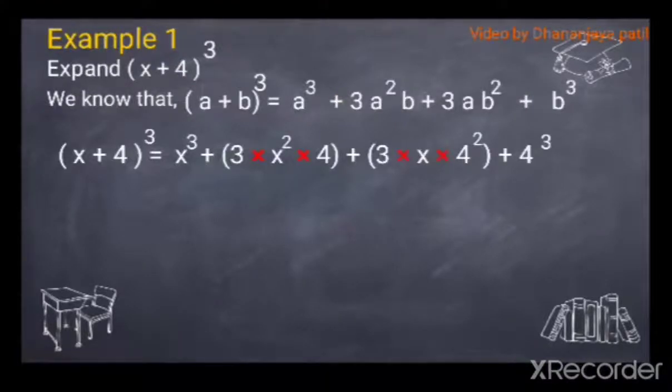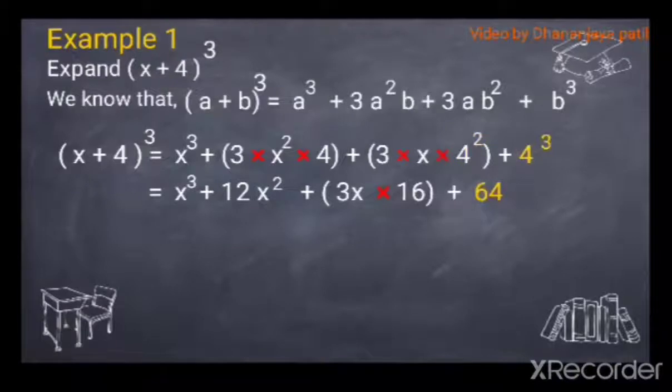Now x cube will remain as it is. Let's do the multiplication in the second term. So 3 into 4 becomes 12 into x square. Let's move to the third step. Here let's first solve the square of 4, which is equal to 16, and then the cube of 4 is equal to 64.